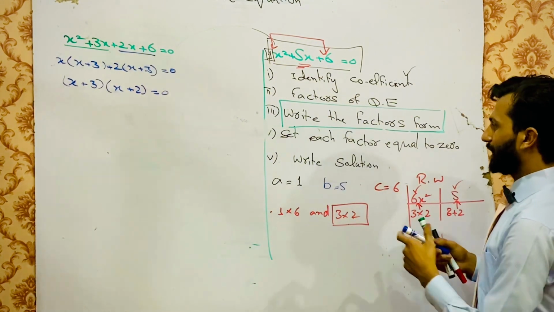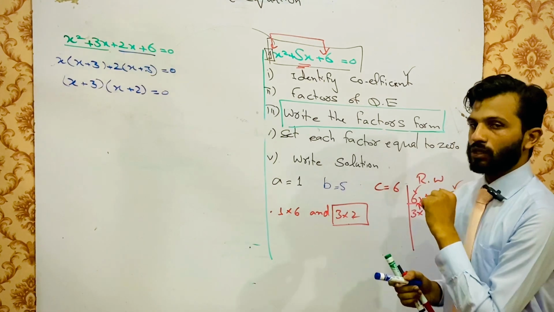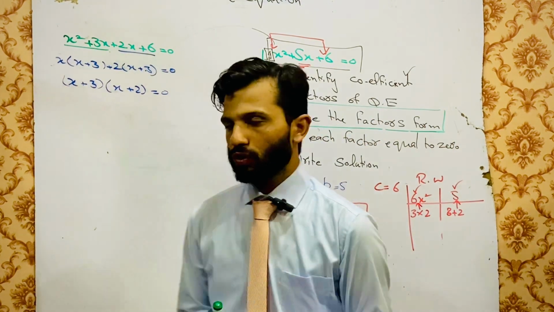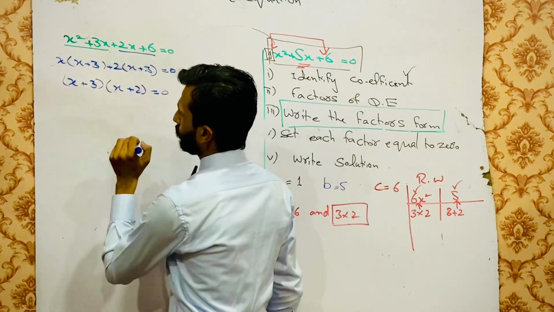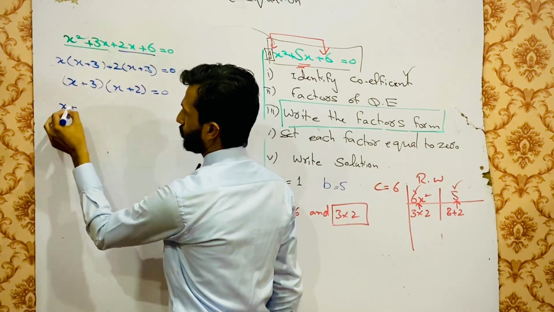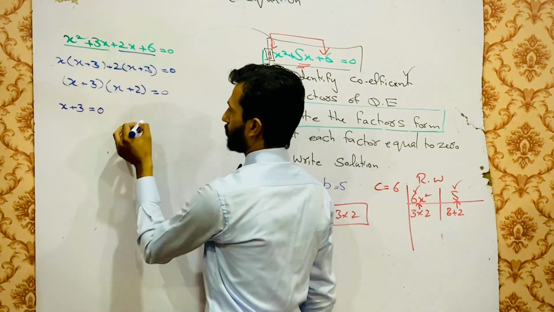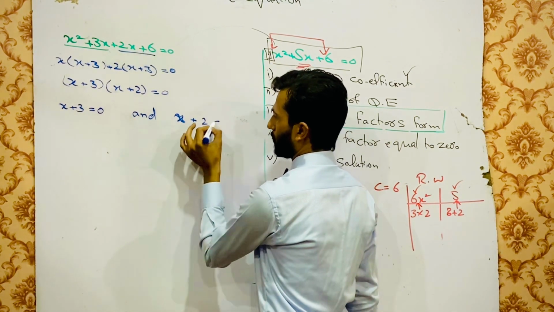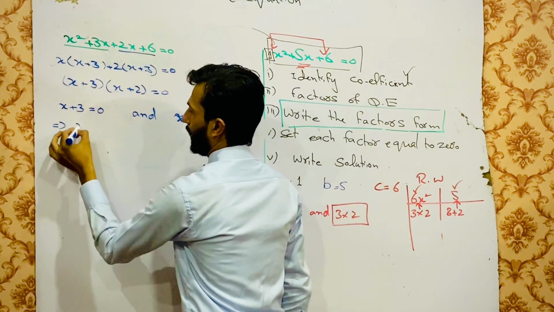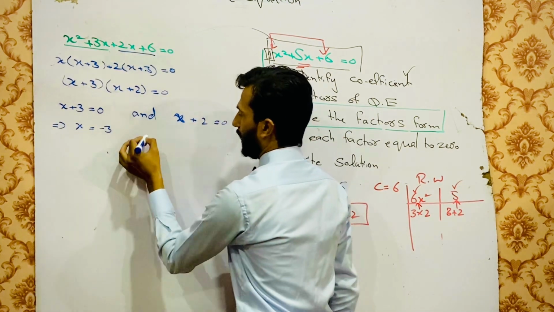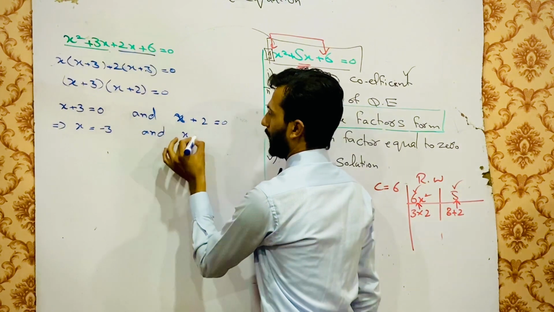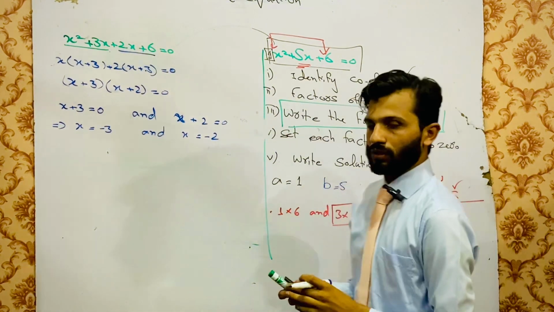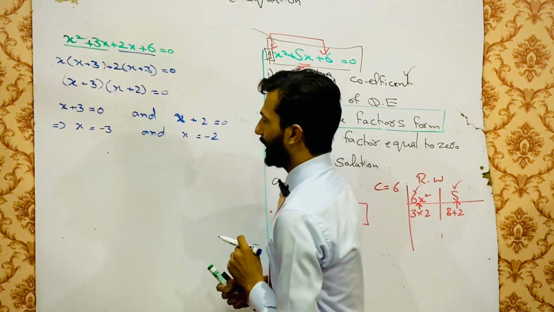Number 4, set each factor equal to 0 and solve for x. That means x plus 3 is equal to 0 and x plus 2 is equal to 0, which implies that x is equal to minus 3 and x is equal to minus 2. Number 5, write the solution.